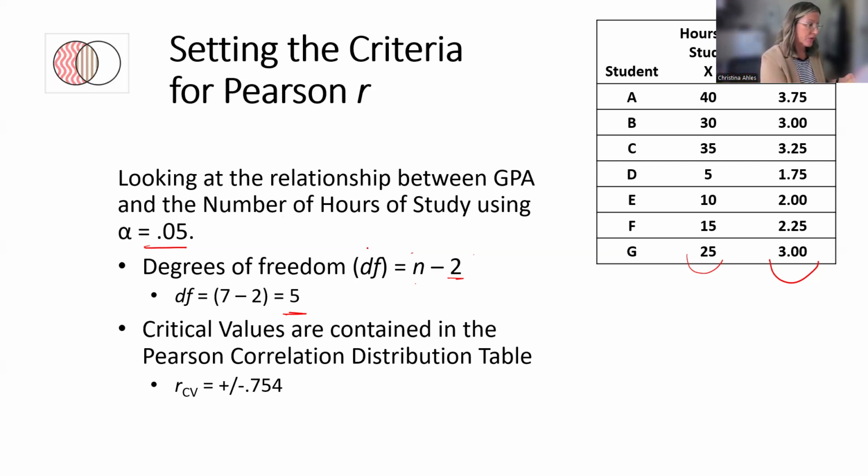Then look at your degrees of freedom, go down to 5, and two columns over is the 0.05 significance for two-tailed test. You should be getting 0.754, and that's two-tailed, so it's positive and negative. So that's our criteria, setting our criteria.